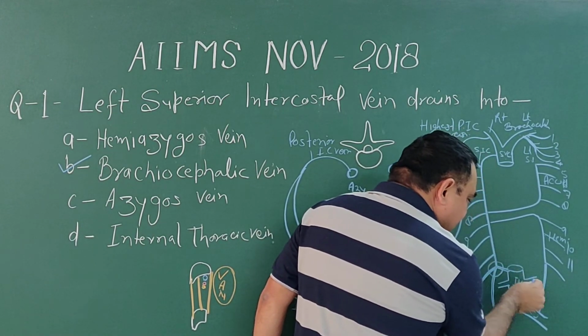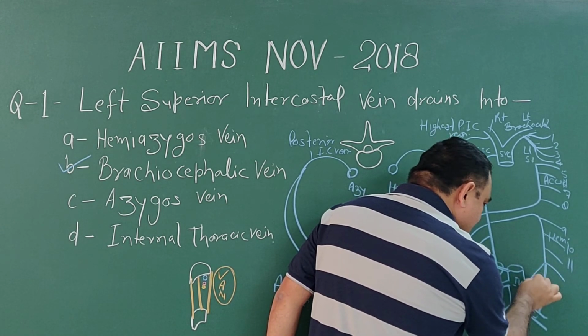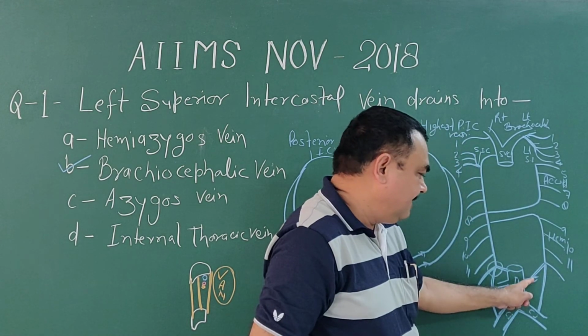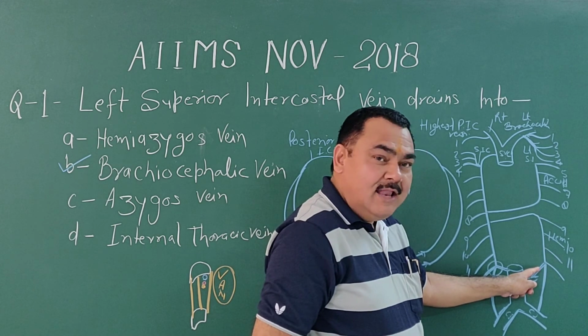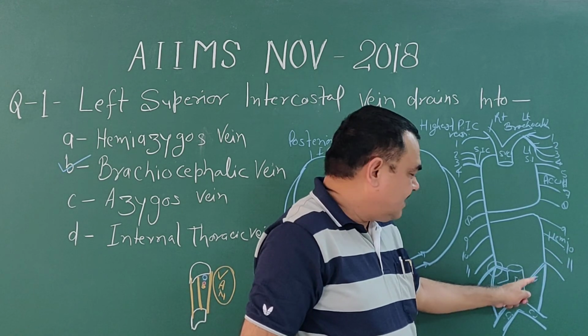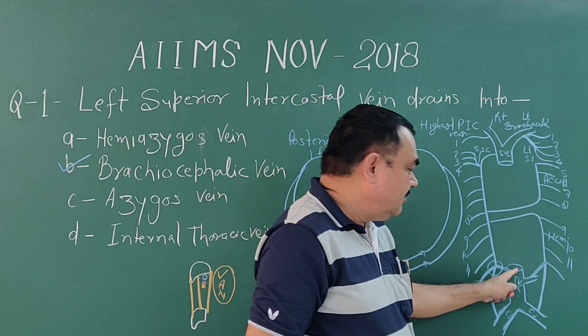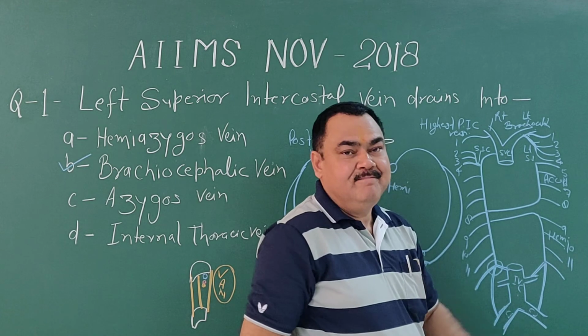So here is the difference. The lumbar azygous vein is connected with the left renal vein. So remember, the left lumbar azygous vein is connected to the left renal vein, not to the inferior vena cava. So this is the difference between right and left side.